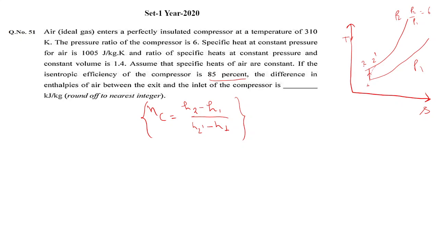So H2 minus H1 would be less, and H2 dash minus H1 would be more. Theoretically, efficiency is the work input for the reversible compression by the work input for the irreversible process, right? So simply that's it.